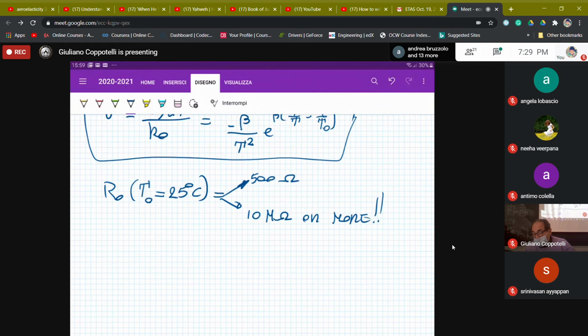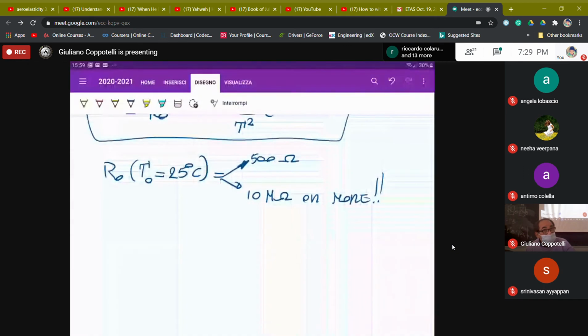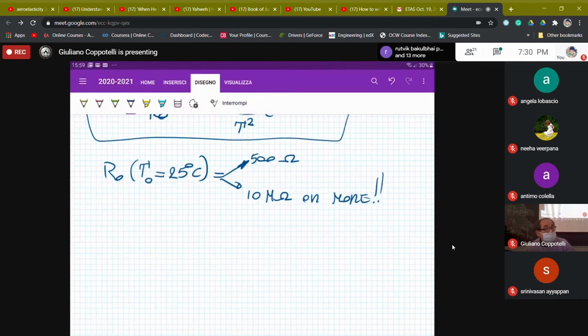If we are using these thermistors in a temperature range that is not higher than 150 Celsius, or not less than, let's say, negative 50 or negative 100 Celsius, these are okay. But for higher temperature, we need a more sophisticated architecture.